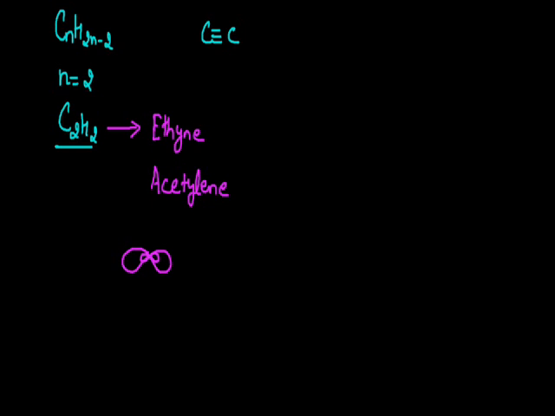One sp hybridized orbital of one carbon atom overlaps with the sp hybridized orbital of another carbon atom. That will be like this. These are the two sp hybridized orbitals of the second carbon atom, and this one shows the overlapping between the sp hybridized orbital of the first carbon atom and the sp hybridized orbital of the second carbon atom.